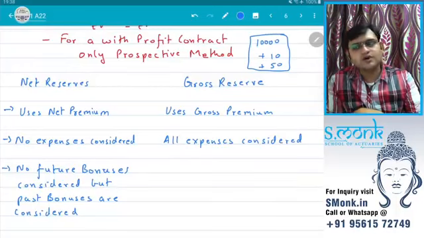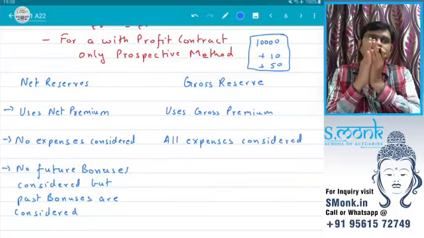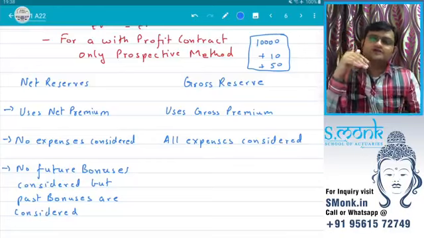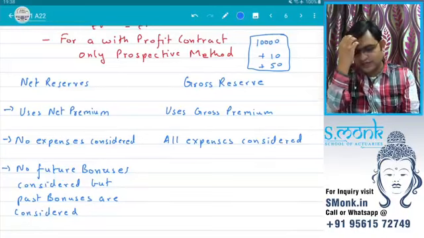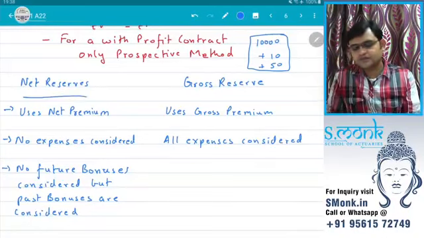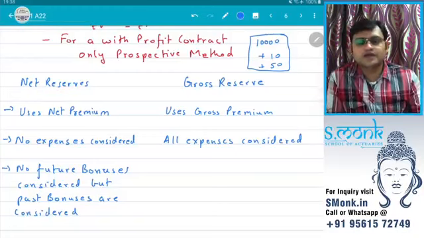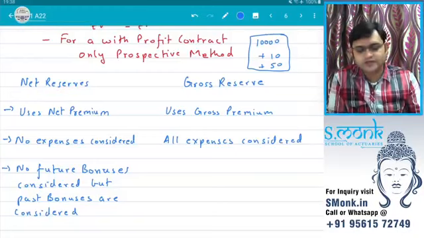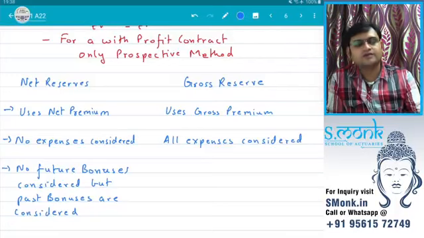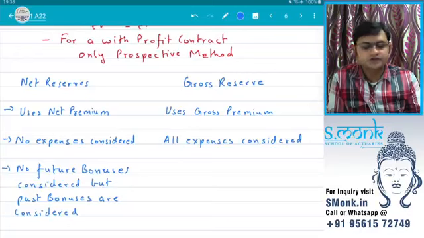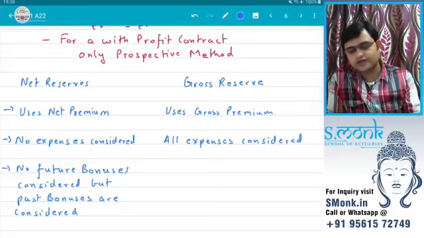So bonus is the amount that we have now promised. It has now been added to the sum assured. So whatever has been already declared in the past should be considered. But in future, because we are calculating the minimum amount, we may say that we will not be giving any bonuses, or zero bonuses might be declared. That is why while calculating net reserves, we take past bonuses because now they are part of sum assured. But future bonuses can be skipped because we can assume that no bonuses might be given in the future while calculating the minimum reserves.